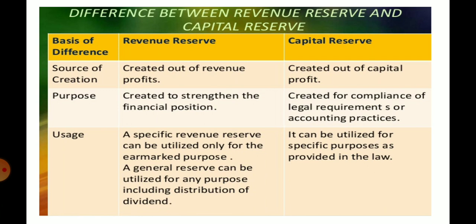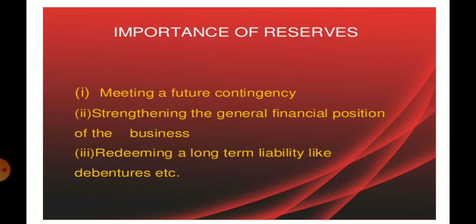A specific revenue reserve can be utilized only for the earmarked purpose, but general reserve can be utilized for any purposes. But capital reserve is utilized for the specific purpose as provided in the law.